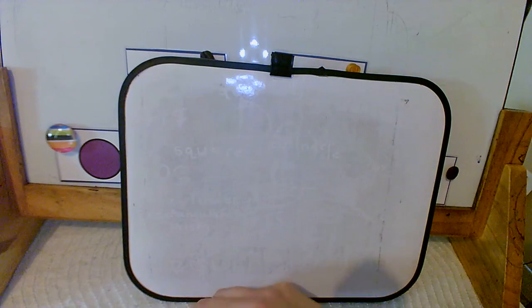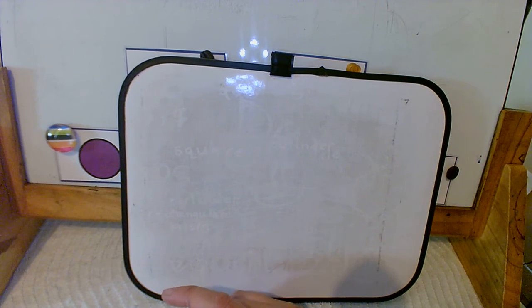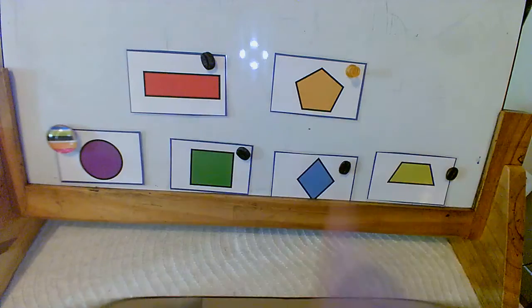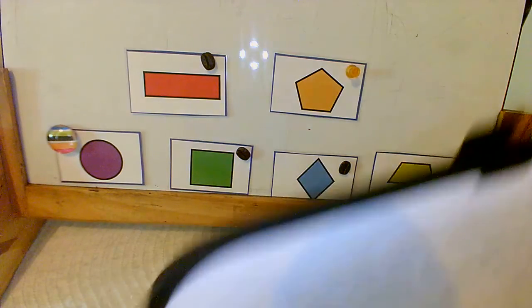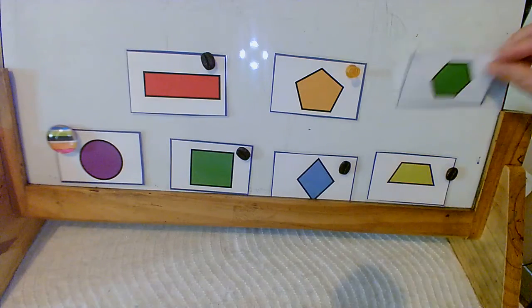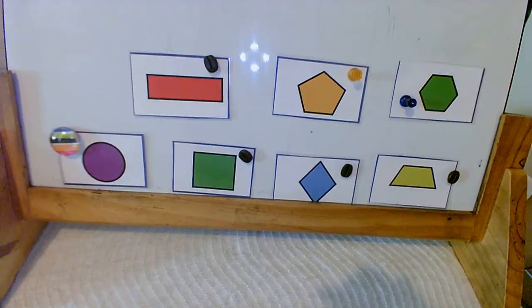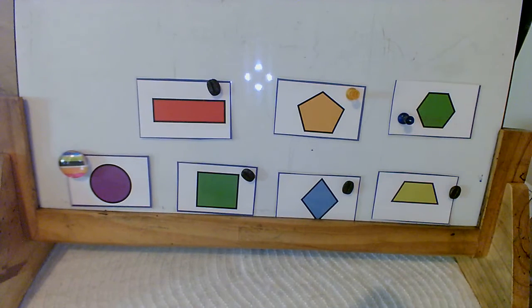Okay, so that's what we worked on yesterday, and we sorted some shapes. So today we're just going to focus on some 2-dimensional shapes. So up here on the board, I have a selection of some different 2-dimensional shapes. And we are going to work on naming them and describing them.